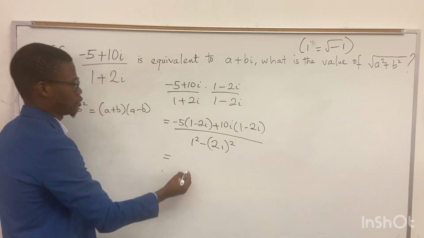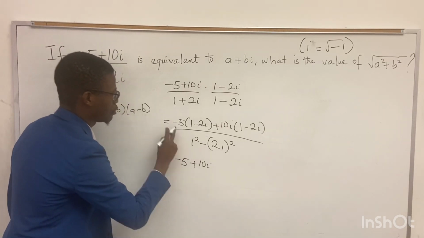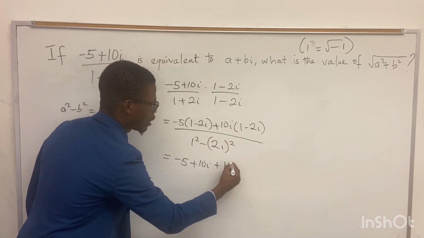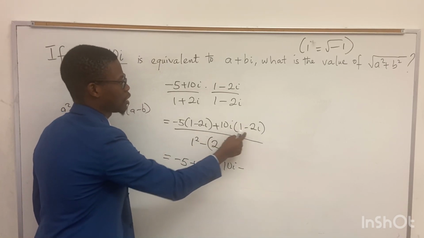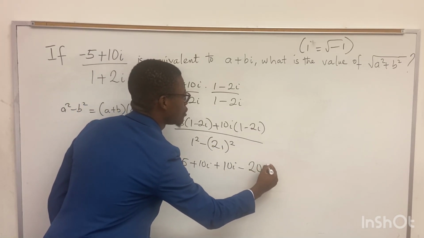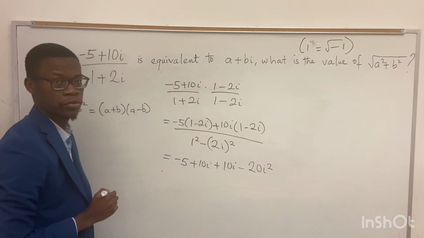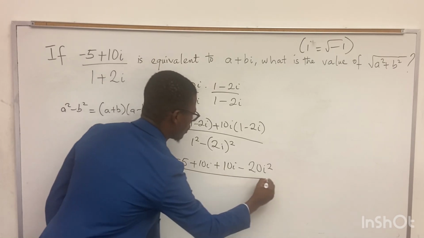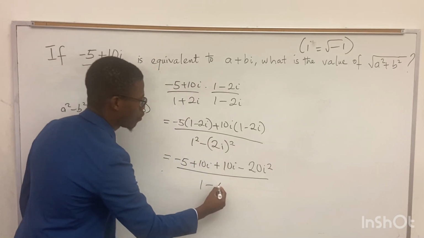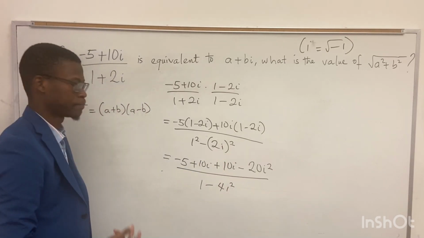Now this becomes -5, then -5 times 2i is -10i, then 10i times 1 is 10i. Then 10i times -2i is -20i squared. Make sure you're not confused. Divided by 1 minus 4 times i squared, because 2 squared is 4 and i squared is i squared, right?